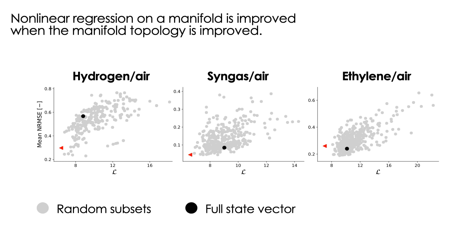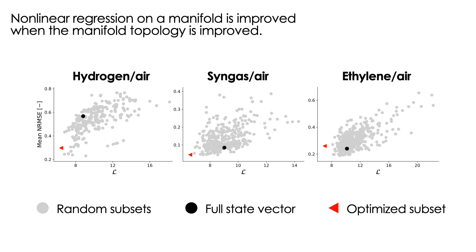With the black dot, I mark the full state vector, and with the red triangle, I mark the optimized subset, which came from our subset selection algorithm. So you can see that generally, lower costs result in lower regression errors.